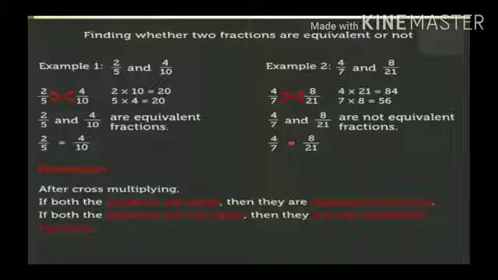Here you can see both the products are not the same. Therefore, 4 upon 7 and 8 upon 21 are not equivalent fractions. Remember, after cross multiplying, if both the products are equal, then they are equivalent fractions. If both the products are not equal, then they are not equivalent fractions.